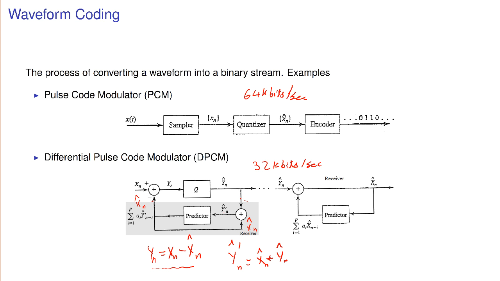So almost half the bits and almost the same performance. 64 kilobits has slightly better performance, but half of the data, so it's a lot of improvement.